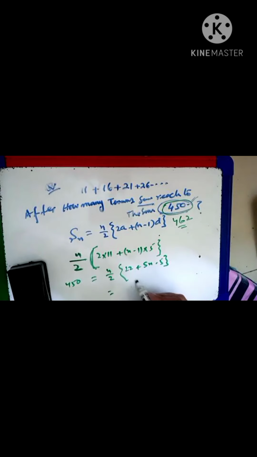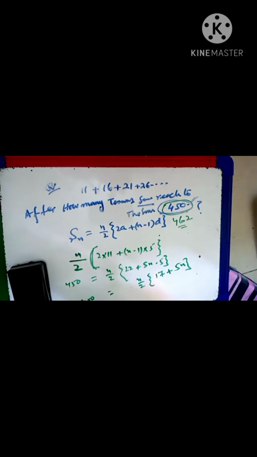So n by 2, and this is 22 minus 5, which is 17, plus 5n. So 17 plus 5n, and n by 2, equal to 450.